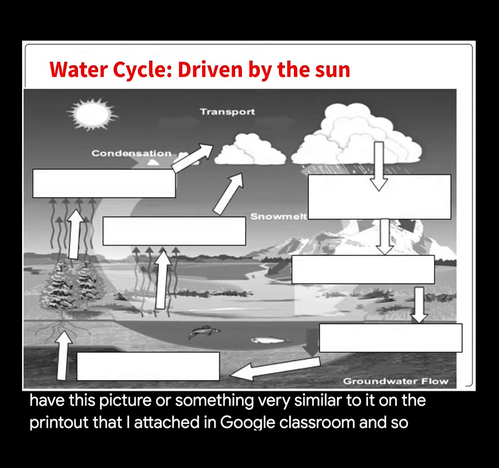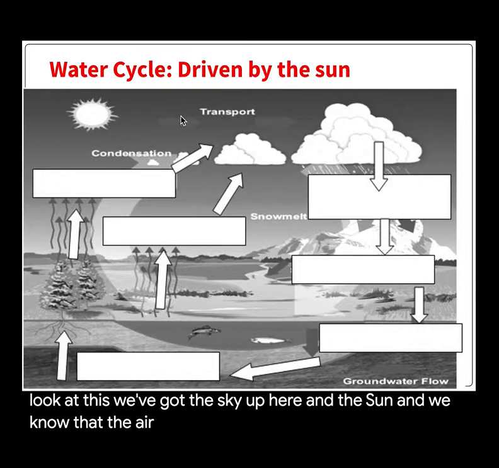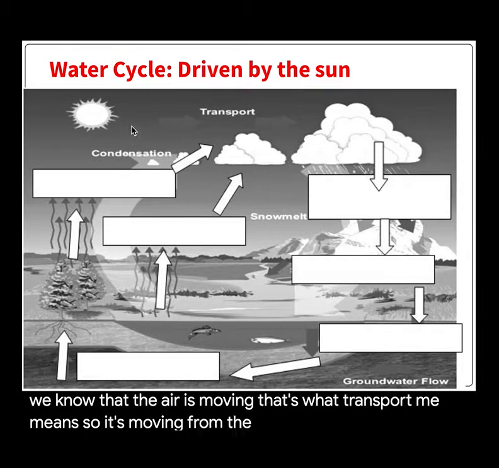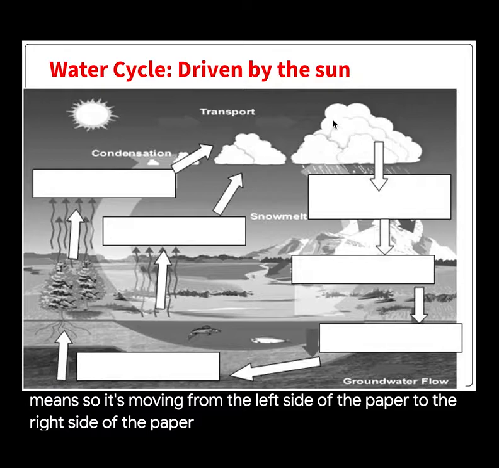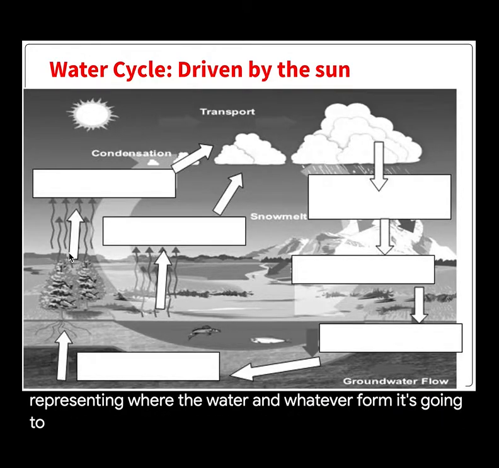If we look at this, we've got the sky up here and the sun, and we know that the air is moving. That's what transport means. It's moving from the left side of the paper to the right side. And we see these big white arrows representing where the water, in whatever form it's in, is moving in this cycle.